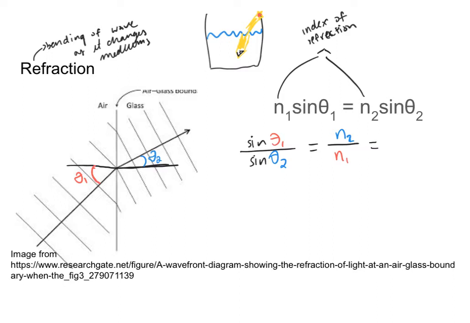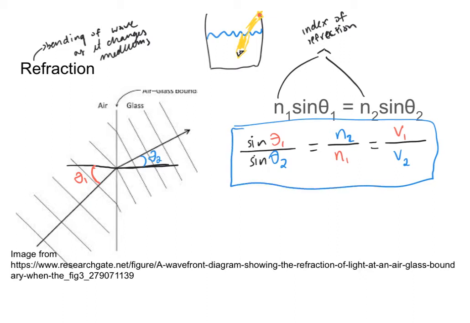So I'm going to add here that its velocity in the first medium over its velocity in the second medium is also equal to n2 over n1, or the sine of each angle. So these are going to be my key equations to help understand refraction. And in fact, these equations are often written more simply with the printed equation here, which is known as Snell's law.